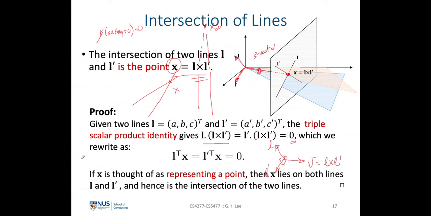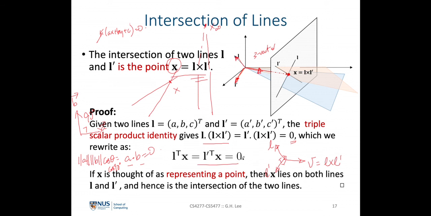Because if I have two vectors A and B and take the dot product, it gives me |A||B| cosine theta, equal to A dot B. In the case where A and B are perpendicular to each other, the angle between them is 90 degrees. Hence, the cosine of 90 degrees gives 0, and so the dot product is 0.